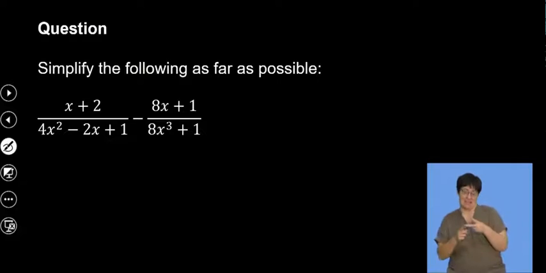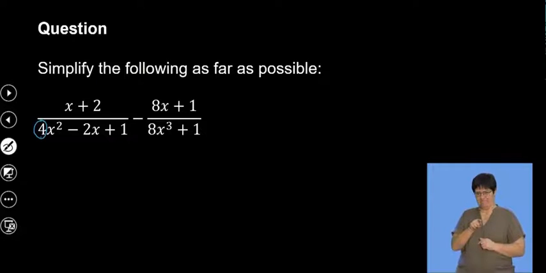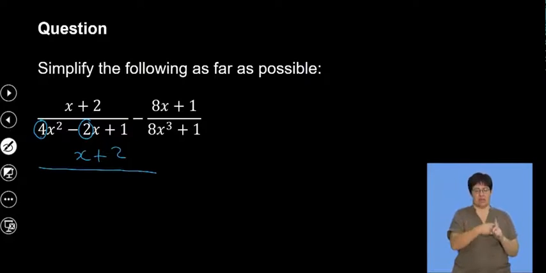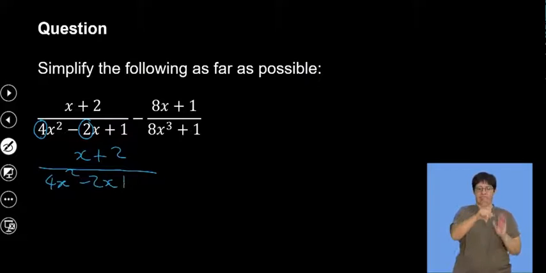So here, remember, you need to look at whether the denominator can be factorized. If it can be, do that. If not, leave it as is. You can already see that 4 will never give me factors such that I get a 2 as my middle term. So this just becomes x plus 2 all over 4x squared minus 2x plus 1.